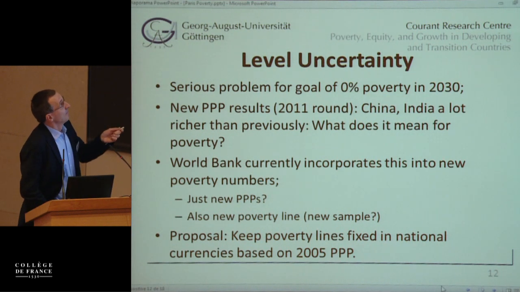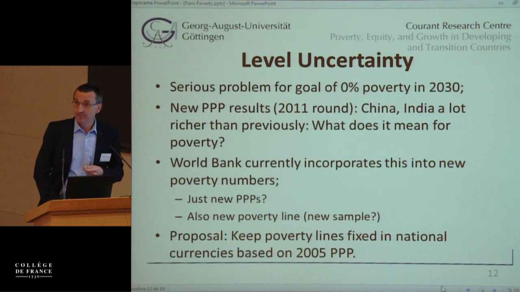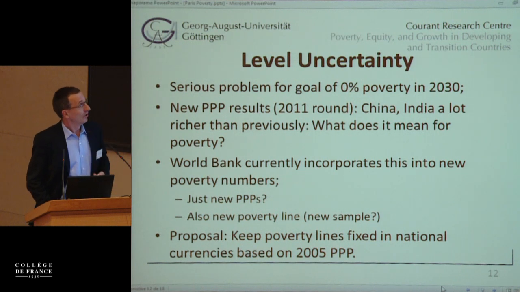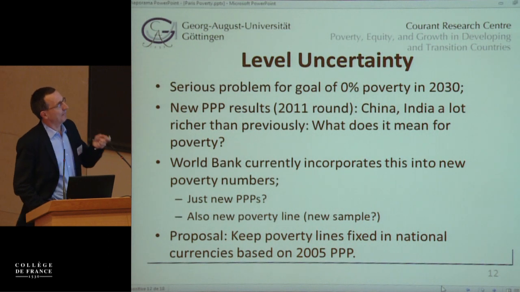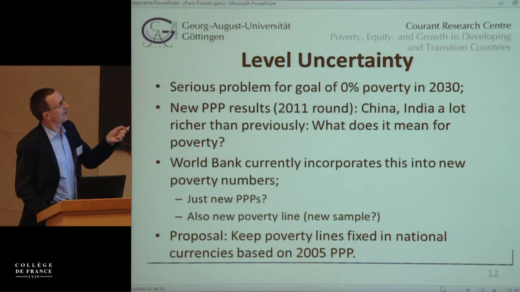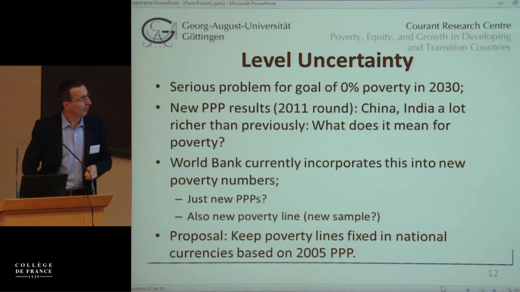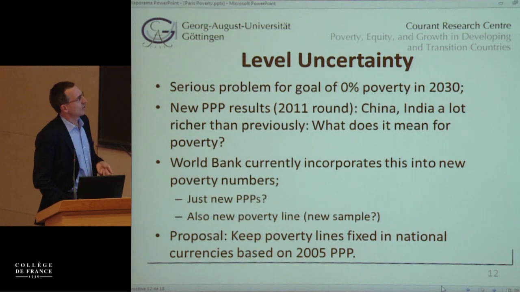So the first problem is the new PPP results will change our levels. And in fact, there are a number of choices that we can make on how to incorporate them. So now the finding is they find China and India to be a lot richer than previously. And so the question is, what does it mean for poverty? There are several choices that the World Bank could make.